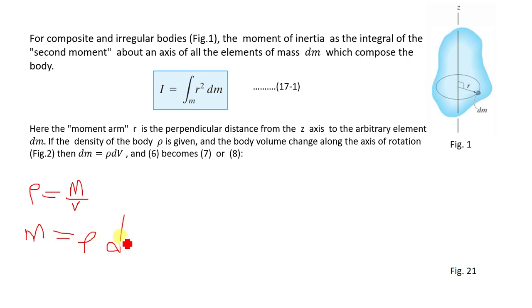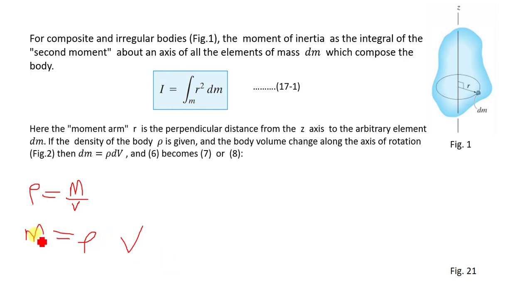So they are saying if the volume of this mass that you've taken, the arbitrary element, is changing, it means that, sorry, this one can be written as rho equals m over v.